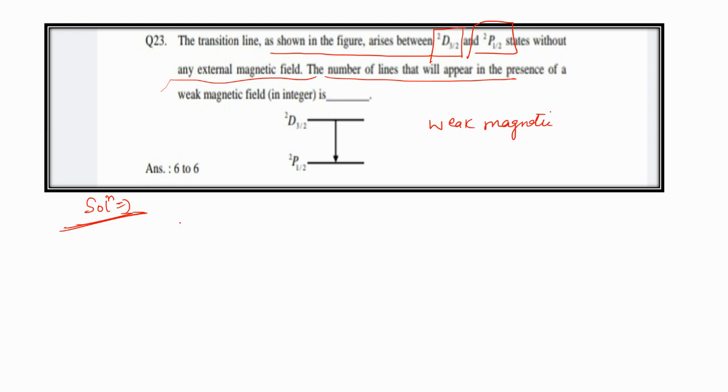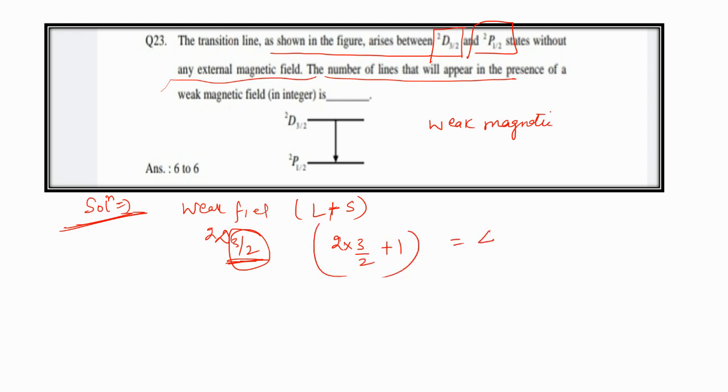Yes, the reason being, I'll tell you. So see, in weak magnetic field, LS coupling won't break. LS coupling will remain the same. Only J will split, like 2D 3 by 2. This is J. So it will split into 2 into 3 by 2 plus 1, four values, and these four values vary from minus 3 by 2 to 3 by 2.